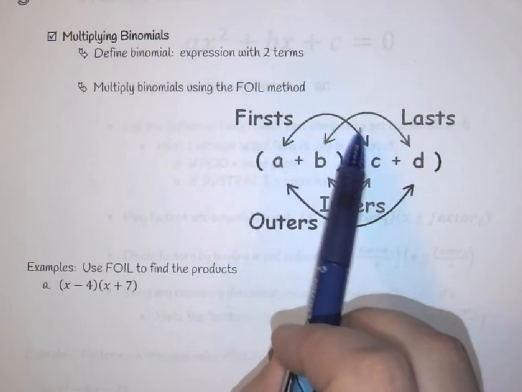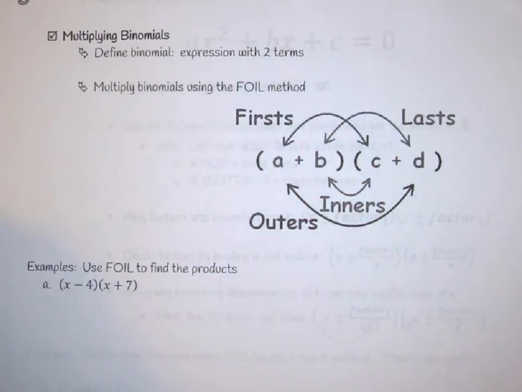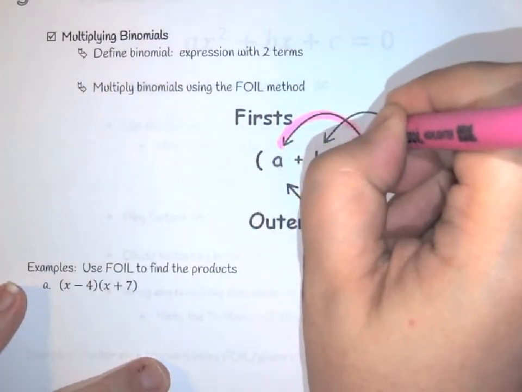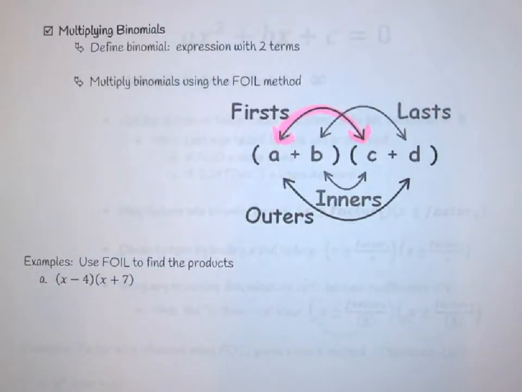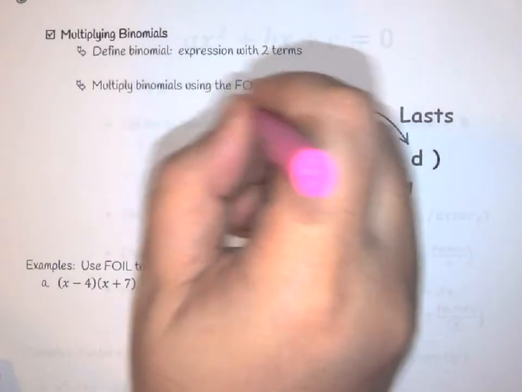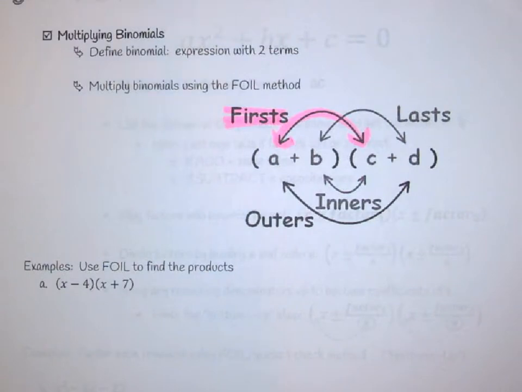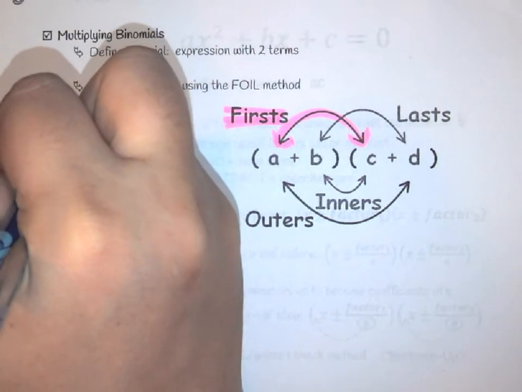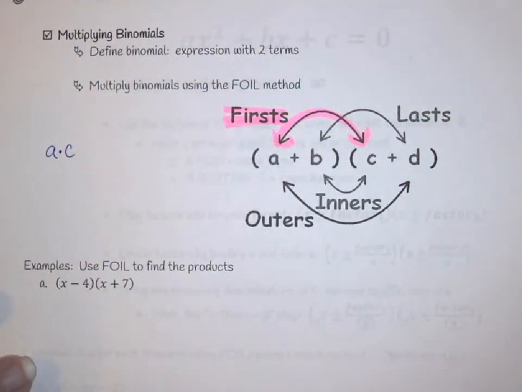So you can see that that is going to be this arrow right here. Okay, so this set, these are my firsts. Okay, so I would multiply those together, and that's going to be the first part of your FOIL. So what we're doing here is we are doing A times C. We then have to add that to the O, which is outer.